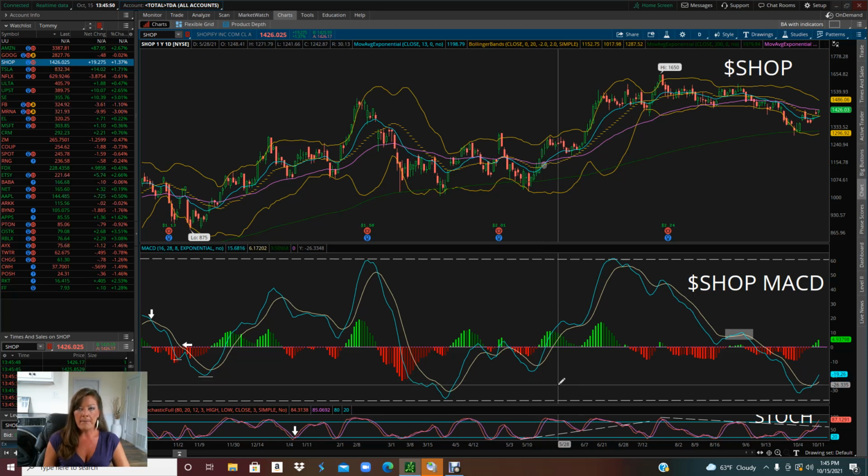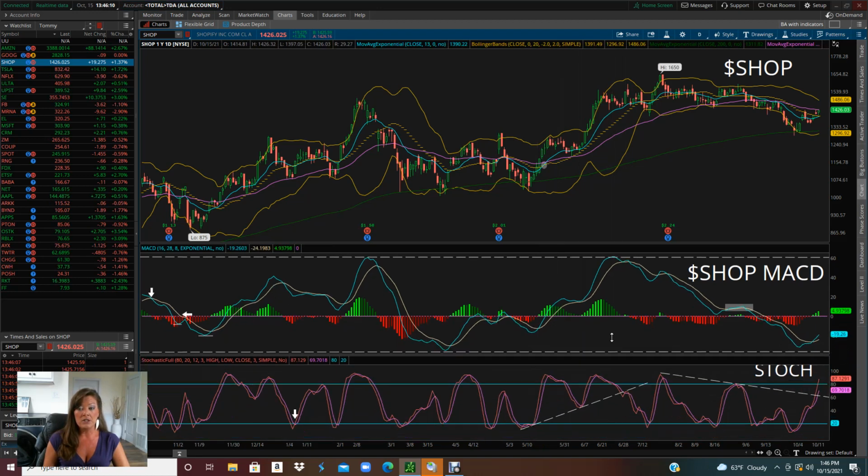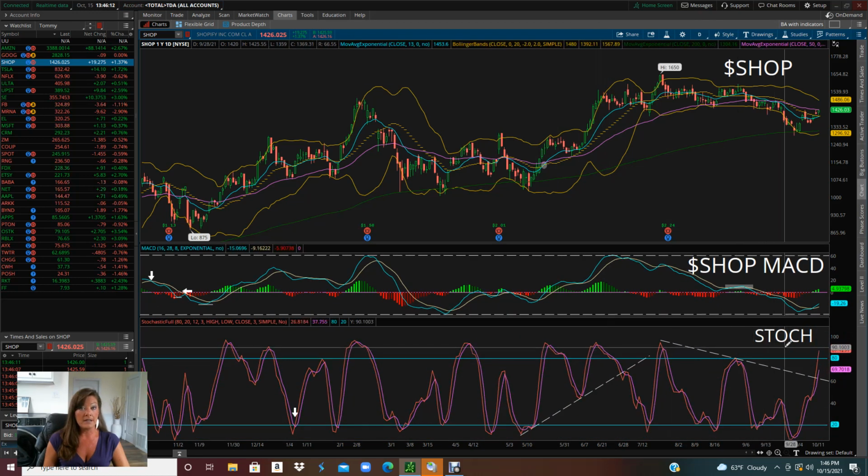So first of all, the MACD is actually called the Moving Average Convergence Divergence. And again, I use it to find reversals. Now, the big thing about the MACD is it is a lagging momentum indicator, so I do use it in conjunction with stochastics.